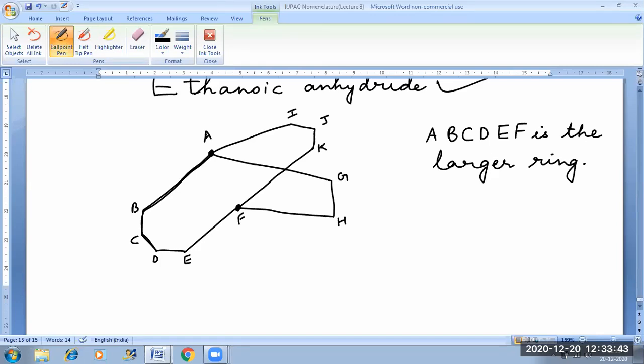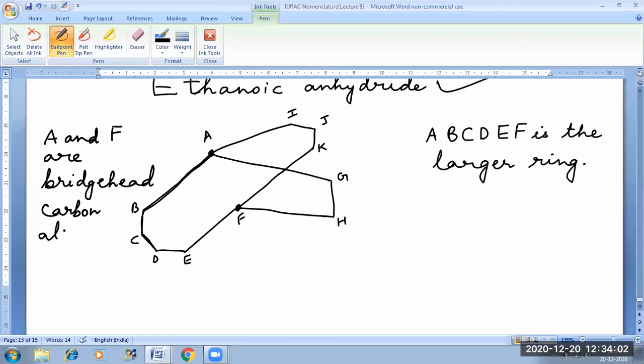A and F are bridgehead carbon atoms. Now, there are two possibilities. Either I can say that this one it is AGHF.